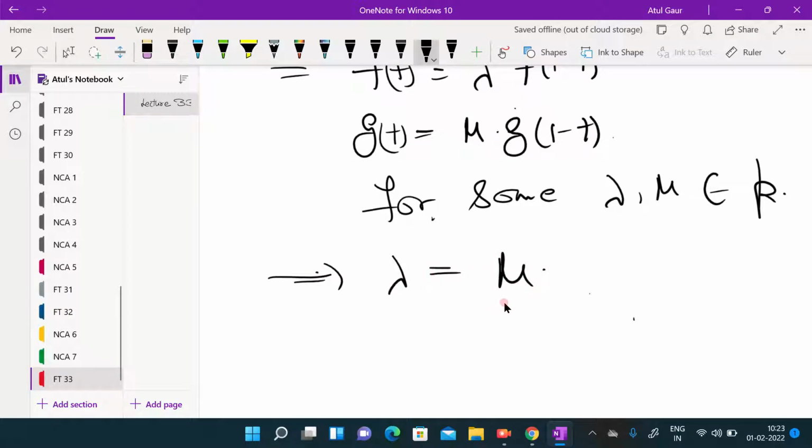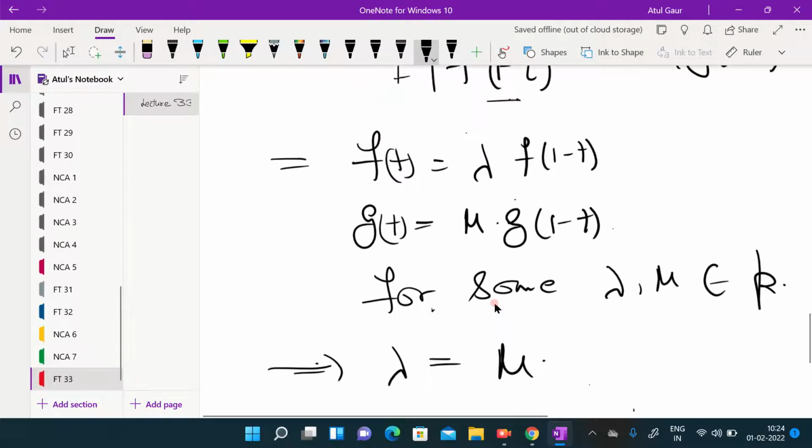This is also what you are getting. Now what I want to conclude is that lambda equals mu, this must be 1. But the problem is, in the previous case we compared the constant coefficient because we were aware that the constant coefficient is not 0.